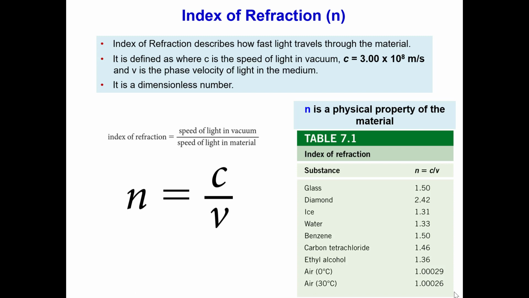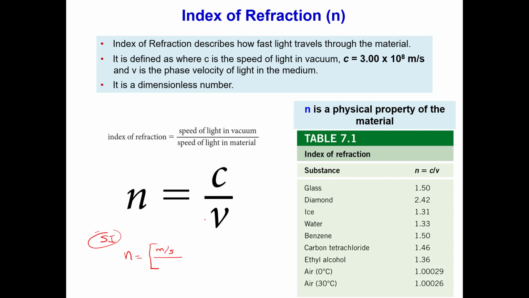One thing you can notice here is that there are no units for the index of refraction. It is a dimensionless number. Why does this happen? In the SI system, on top we have the speed of the light, and the units are meters per second.